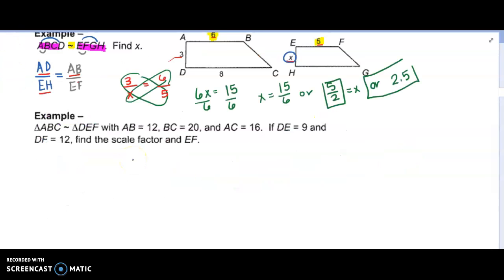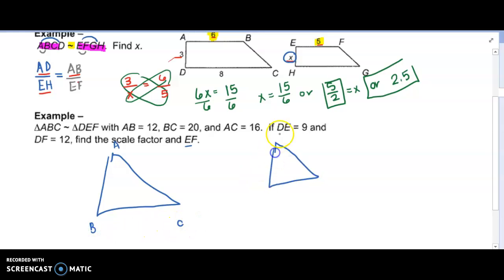All right, let's look at this one here. It says ABC is similar to DEF, and then it gives me all these, and I want to find the scale factor. Well, I'm just going to go ahead and draw it. So ABC and then DEF.